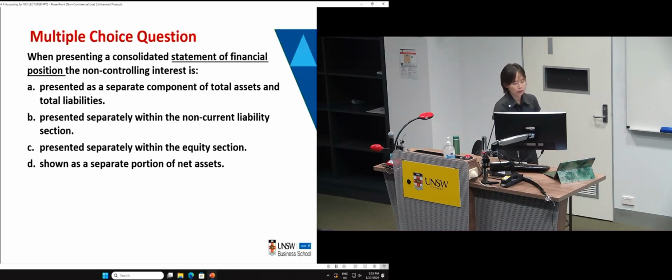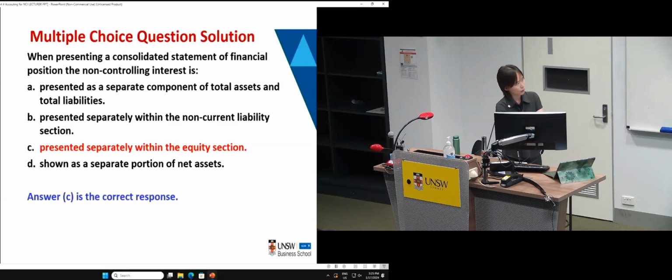So everybody agree with that? Okay. So, presented separately within equity section. Now, considering NCI is classified as equity, not a liability, therefore it should be presented under the equity section in the consolidated statement of financial position. So C is the right answer here.